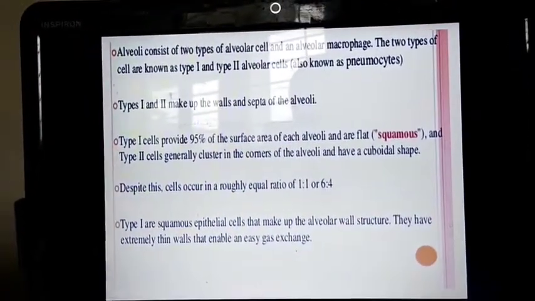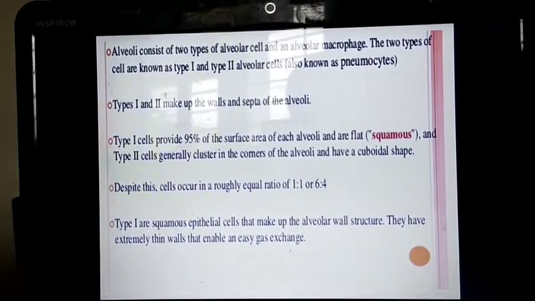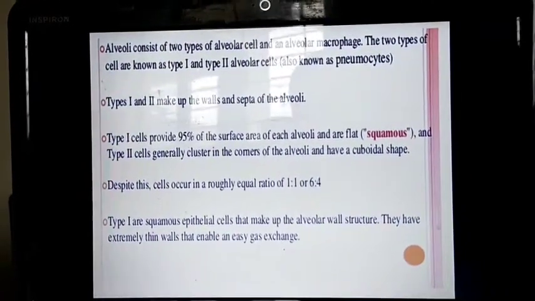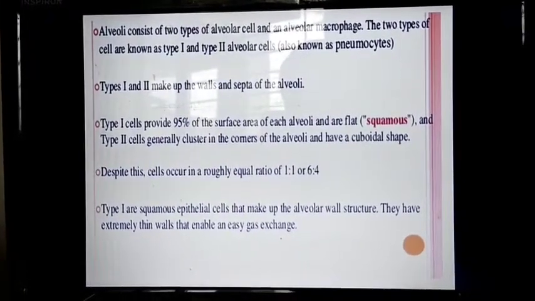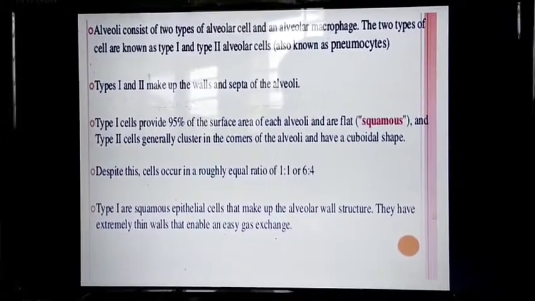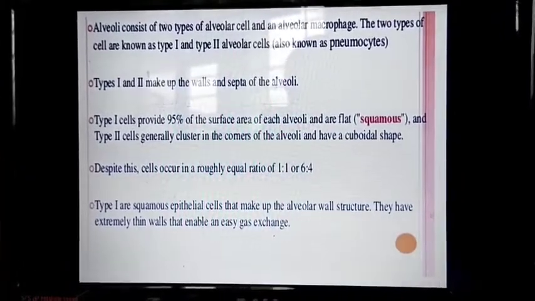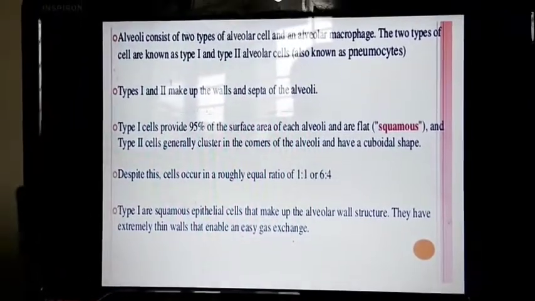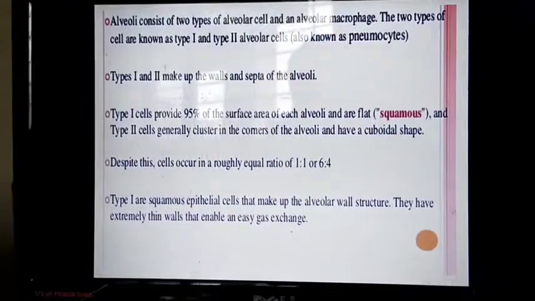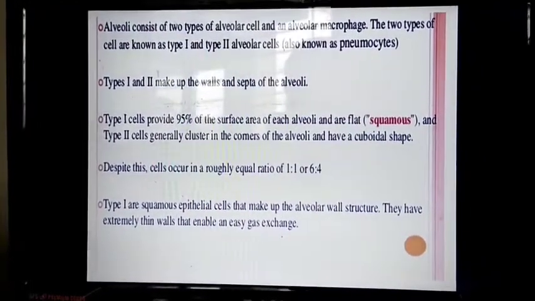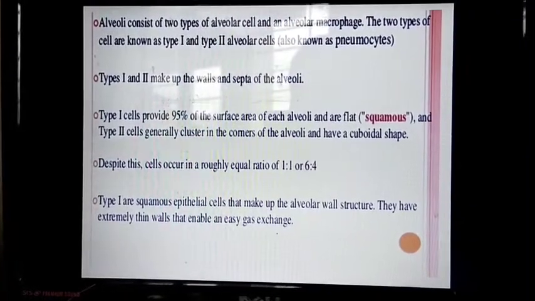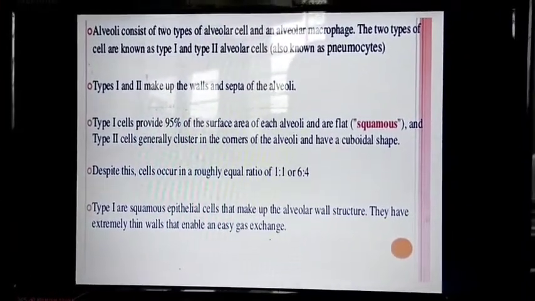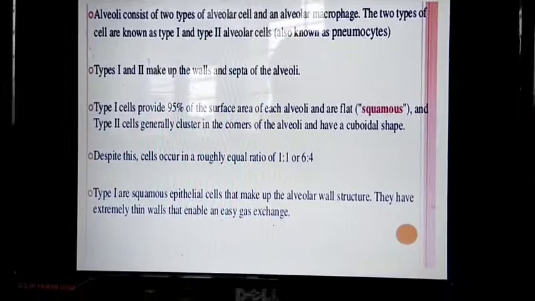The type 1 cells provide 95% of the surface area of each alveolus and are flat, squamous epithelial cells. And type 2 cells generally cluster in the corners of alveoli and have a cuboidal shape. These cells occur in a roughly equal ratio of 1:1 or 6:4.